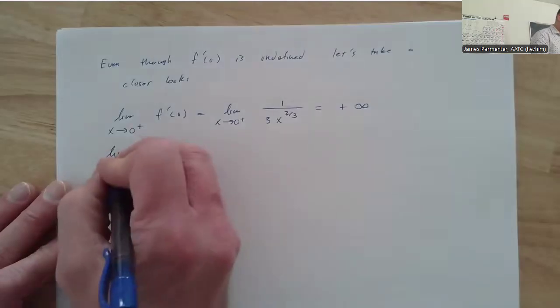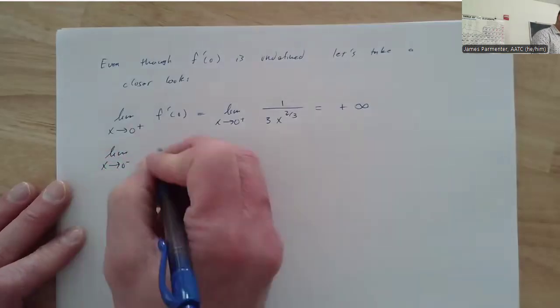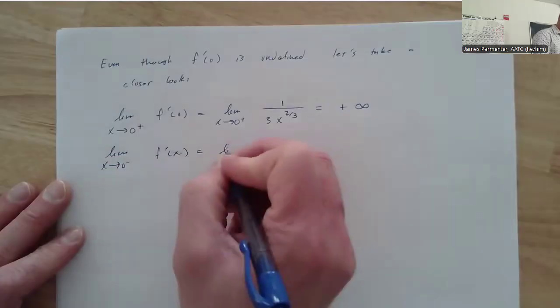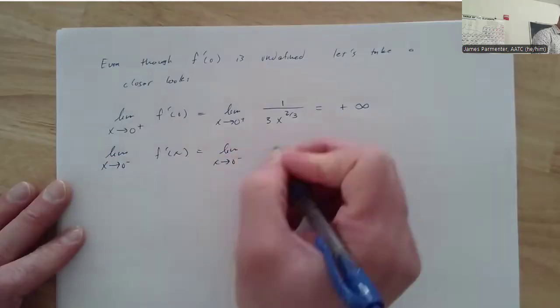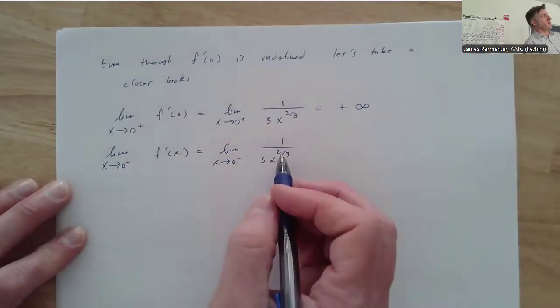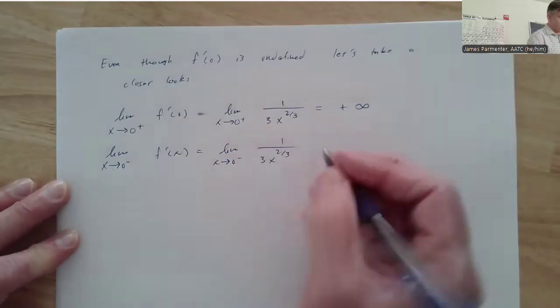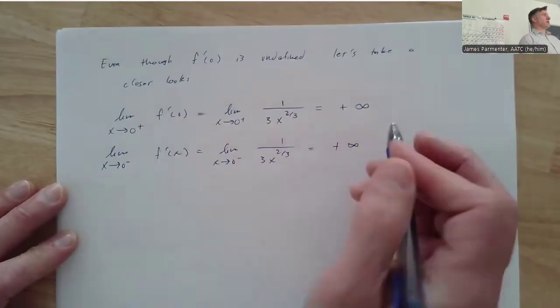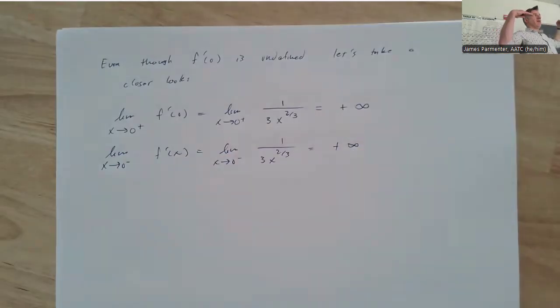And on the other side, if we approach 0 from the left-hand side, it's also going to end up being a positive infinity because a negative number squared is positive and the cube root of a positive is positive and it's still positive. So I guess you could say, well, since the right-hand limit and left-hand limit, even though they both don't exist, they're both getting infinitely large, and so you're getting this vertical tangent line.